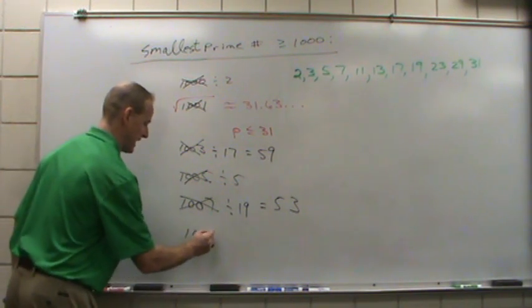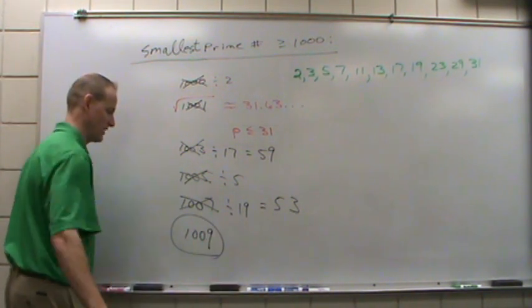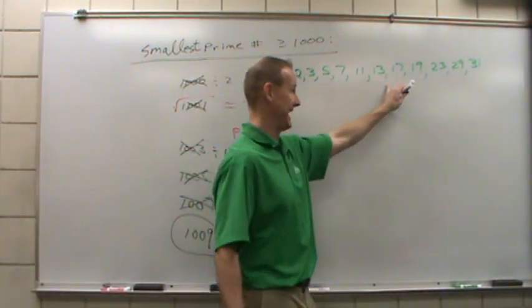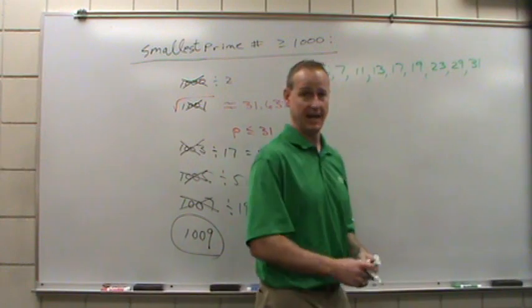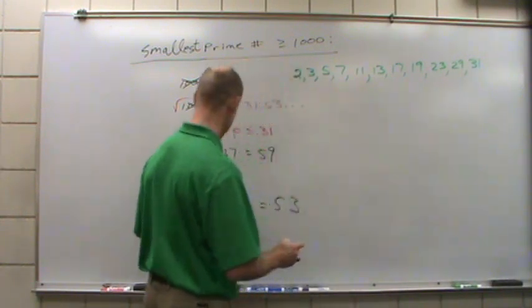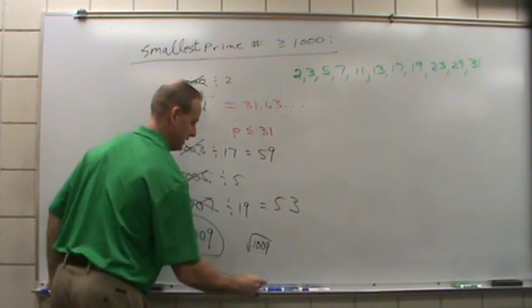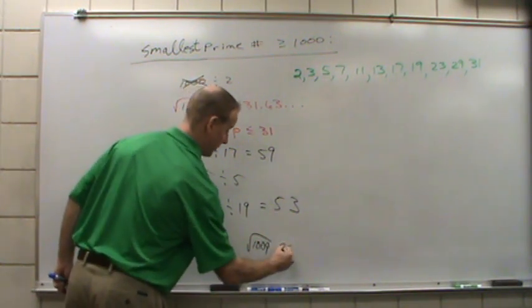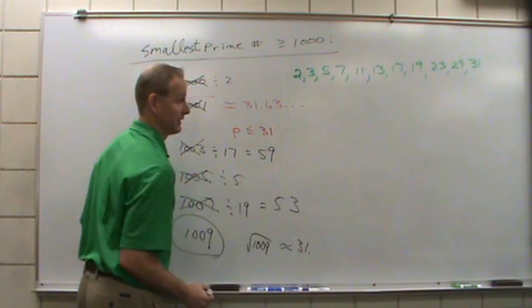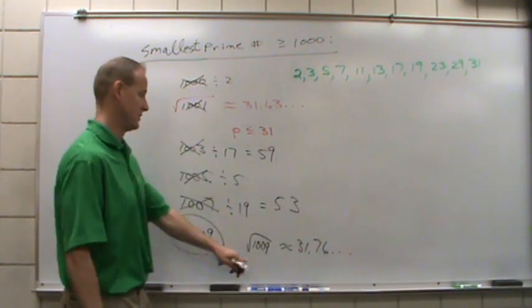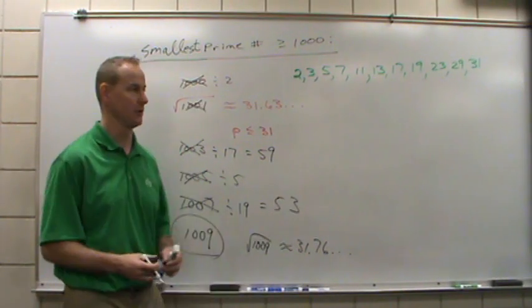So when we get to 1009, we notice that 1009 will not be divisible by any of these prime numbers, and these are the only prime numbers less than or equal to the square root, because the square root of 1009 is still in the 31s. It's about 31.76, etc. So all I've got to do is check the primes less than or equal to, say, 32.